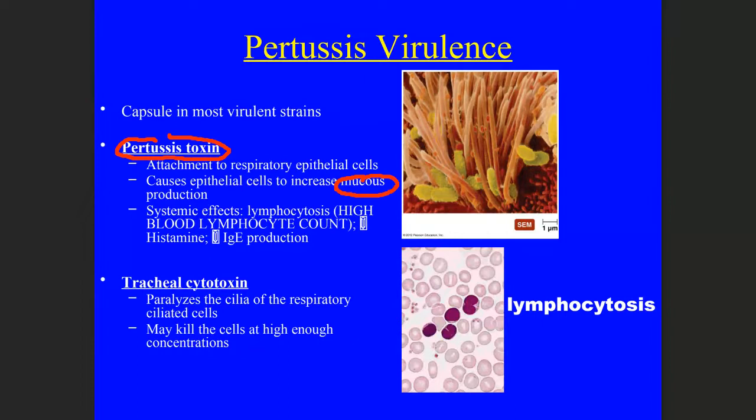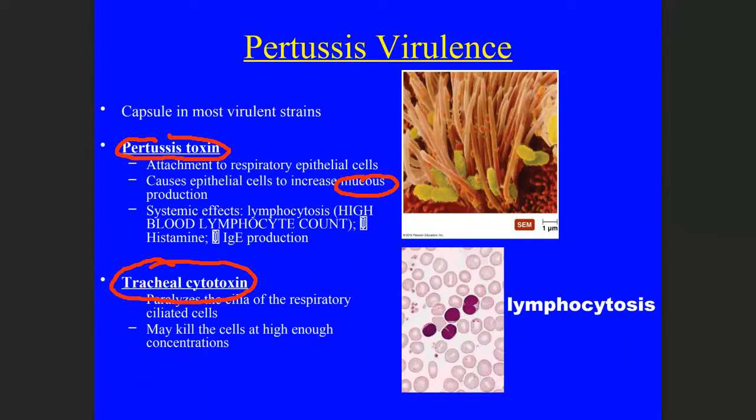Okay. Now, in addition to that, as if that wasn't bad enough, this bacteria makes this other toxin called the tracheal cytotoxin. And the tracheal cytotoxin, if you remember, your respiratory tract is made up of a pseudostratified ciliated epithelium.